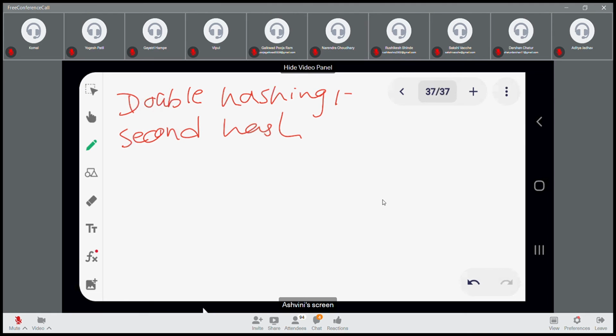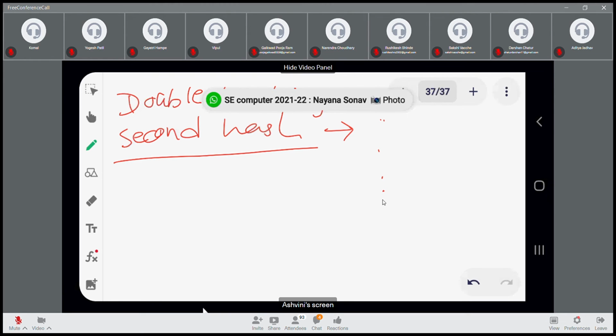By applying the second hash function, you will get the number of positions from the point of collision at which to insert. It is not going to give you the number of the index. It gives the number of positions to skip to insert the actual hash key.